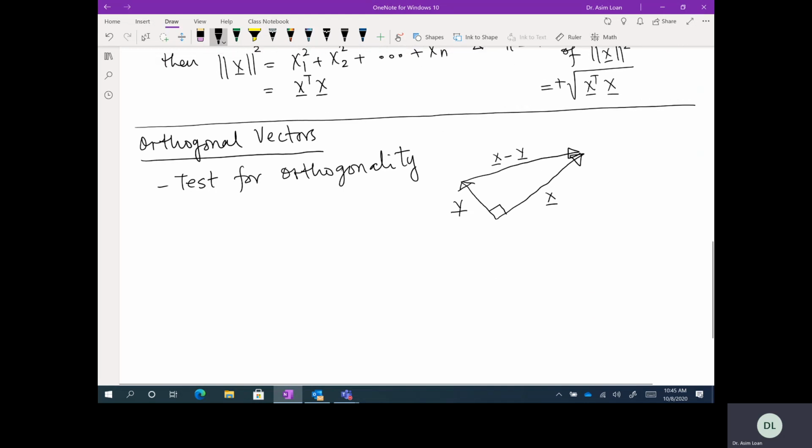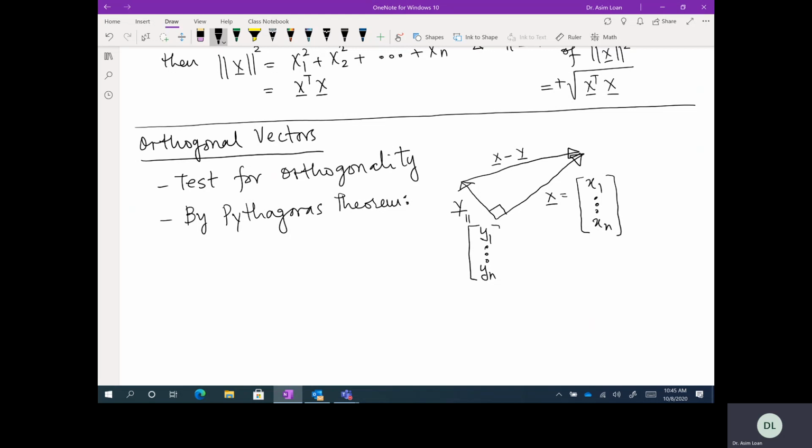So by Pythagoras theorem, and let me write here, this x is x1 to xn, this y is y1 to yn, and this x minus y is x1 minus y1, each component subtracted from the other, up to xn minus yn.